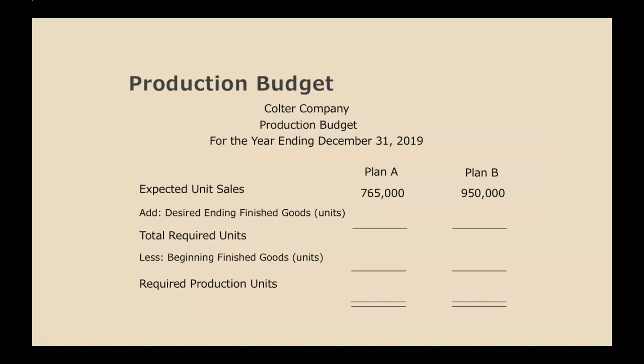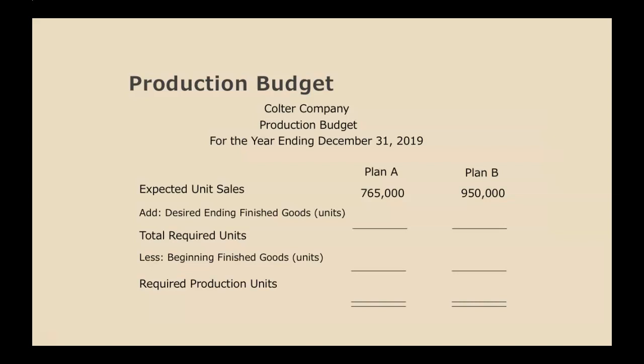So at the end of 2019, what do we want to have left over in our inventory? You add that amount to the expected unit sales. That's going to tell you how many total required units you have.